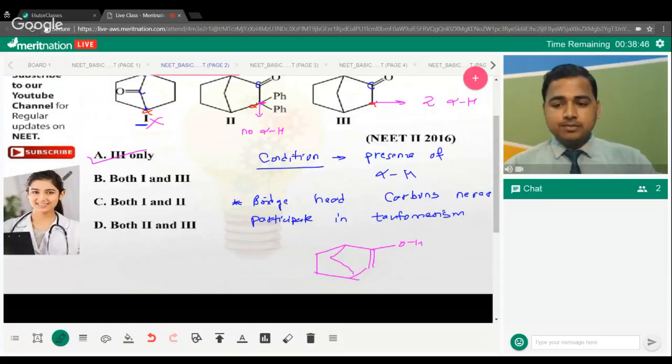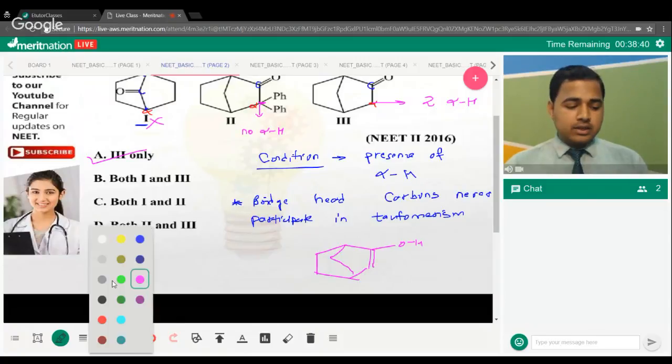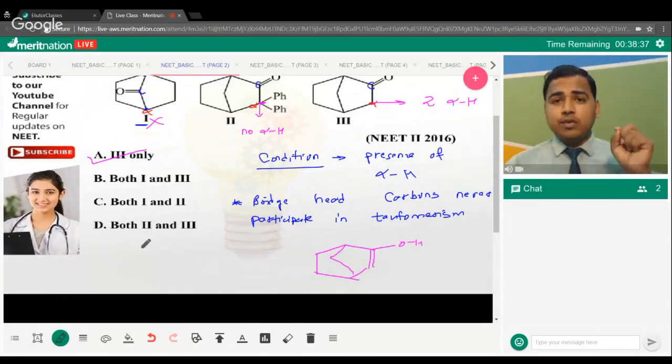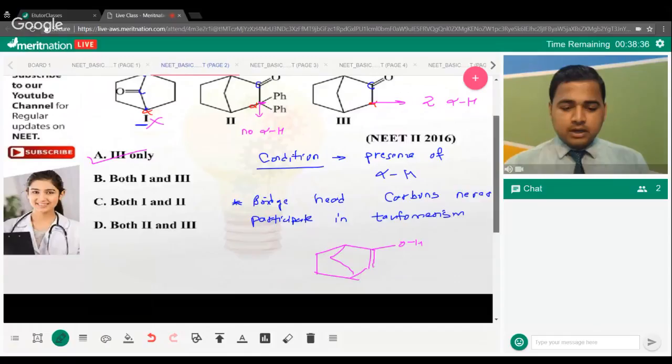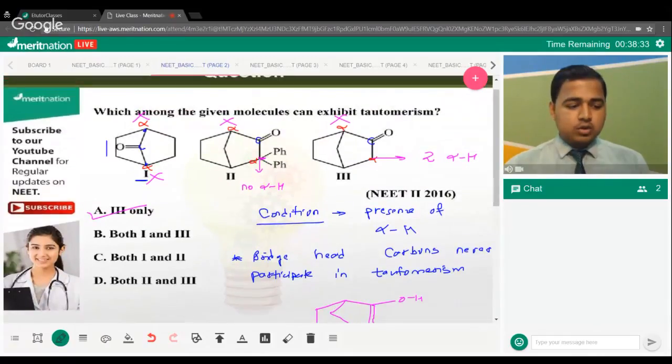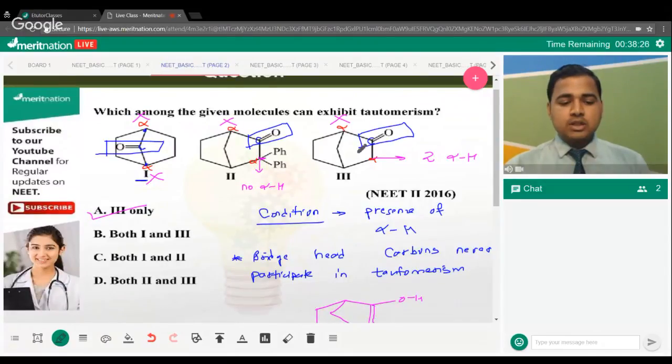A few students are confused about how you choose the alpha hydrogen. First of all, you have to find out the functional group. Here your functional group is the ketone, and you have to put it in a bracket.